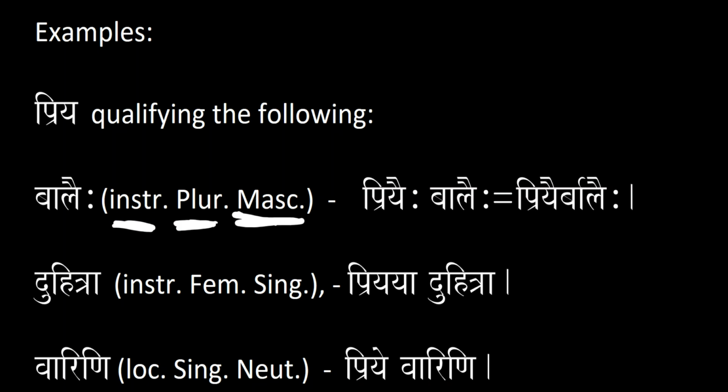But let us say that we weren't working with a masculine noun that ends with a, and we were working with a masculine noun that ends with u, for example. Even though it ends with u, because priya ends with an a at the end, you're still going to have to decline it as kupaha and not like shishu, for example.